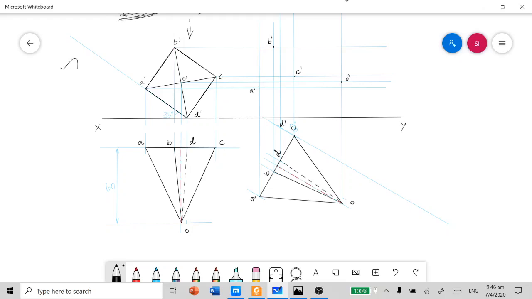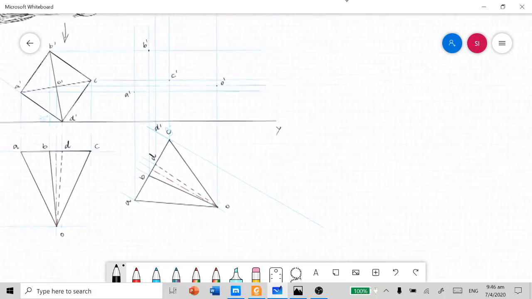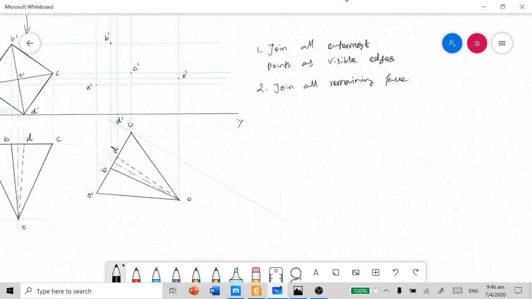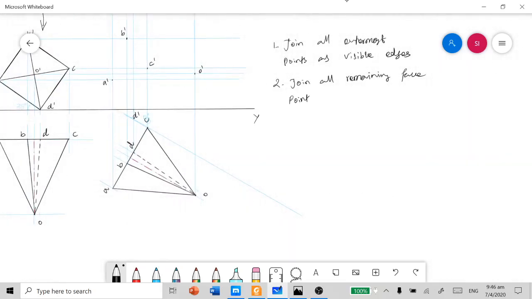In order to connect the various points, we need to follow the usual rules. Rule number 1: we have to join all outermost points as visible edges. The second rule: we have to join all remaining face points as visible edges.